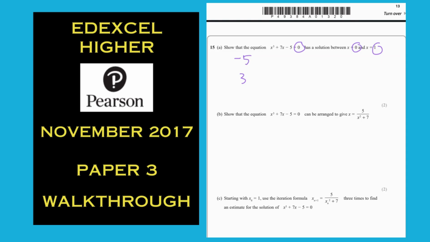Because they are either side of 0, you have to state change of sign, negative to positive, and it's what we call a continuous function. Okay, it's not a reciprocal graph where you might have a break. It's a cubic graph, so we know the shape of it.